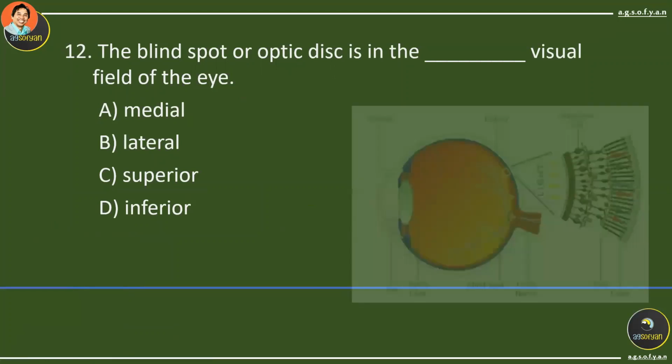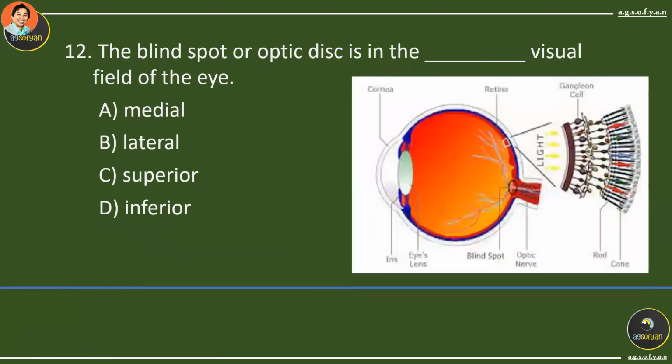Look at this picture over here. When the light enters into our eyeballs, it goes to the center area over here. The center area is called the central fovea. This is where the color photoreceptors, the cones, are located.